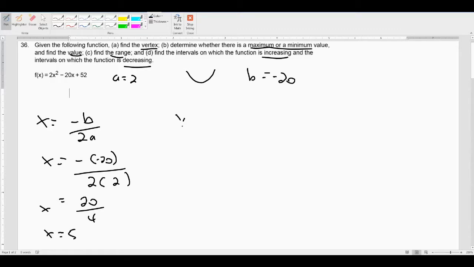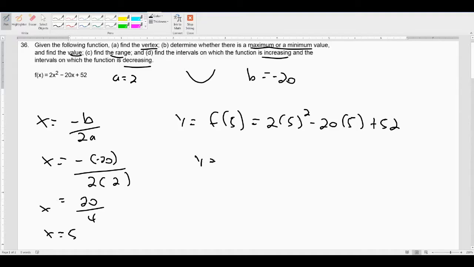Now to find the y value, we find f of 5. So everywhere we have an x, we put 5. And so 5 squared, do the exponent first, 25 times 2 is 50, minus 100, plus 52.